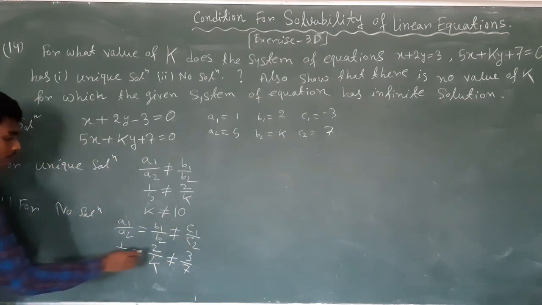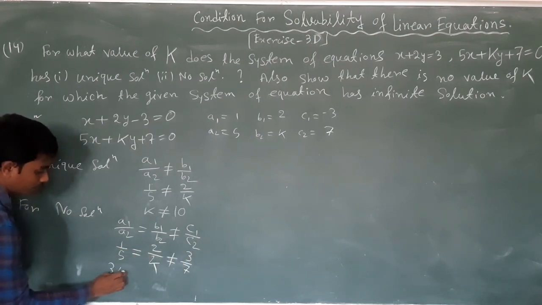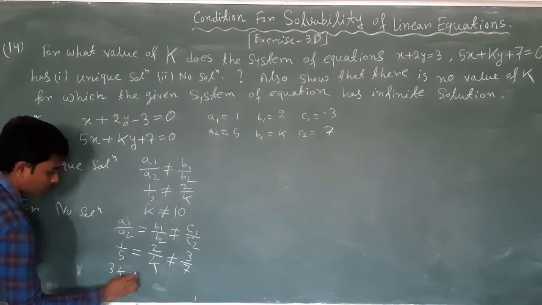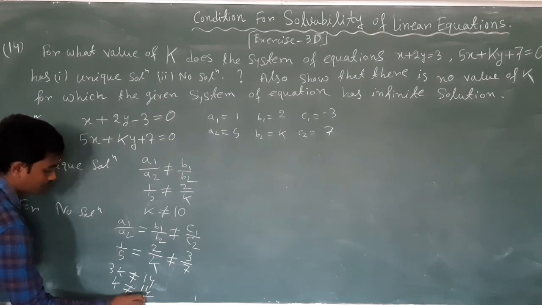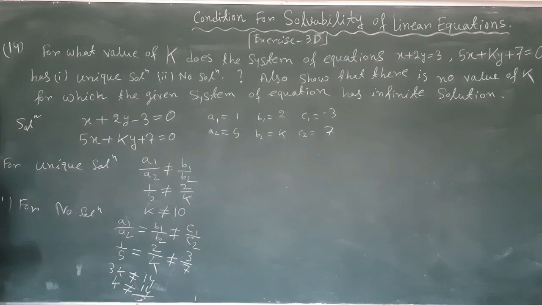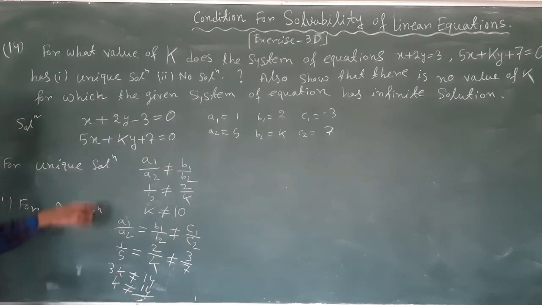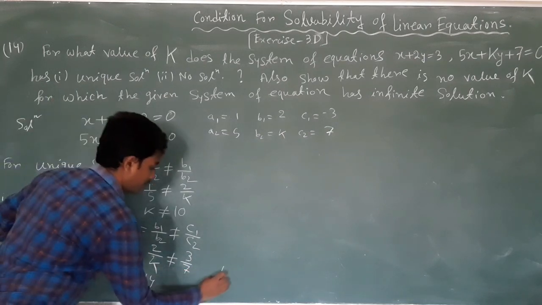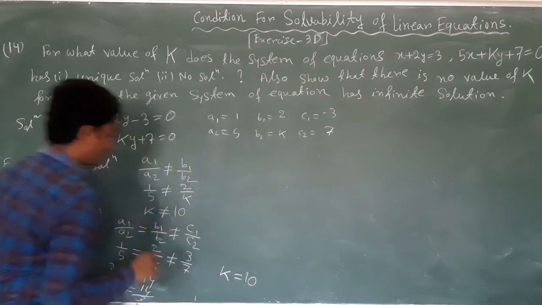So from the second and third, 3k is not equal to 14. So k is not equal to 14 upon 3. So for k not equal to 14 upon 3, the given system of linear equations has no solution. From first and second, k is equal to 5 into 2.